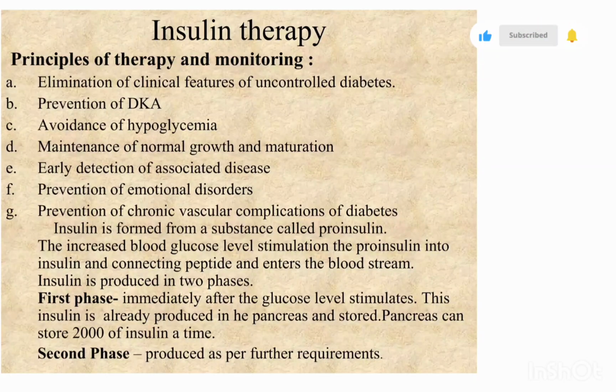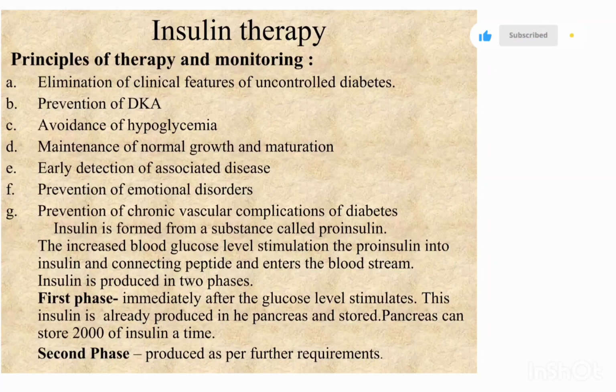We'll see about insulin therapy, the principles of therapy and monitoring: elimination of clinical features of uncontrolled diabetes, prevention of DKA, which means diabetic ketoacidosis, avoidance of hypoglycemia, maintenance of normal growth and maturation, early detection of associated disease, prevention of emotional disorders, and prevention of chronic vascular complications of diabetes.